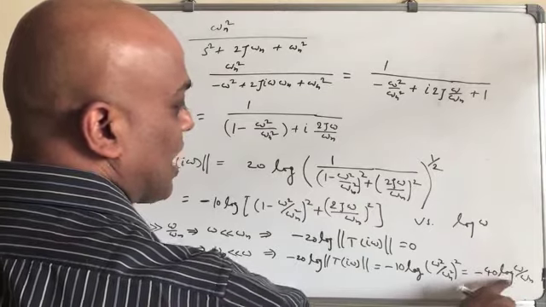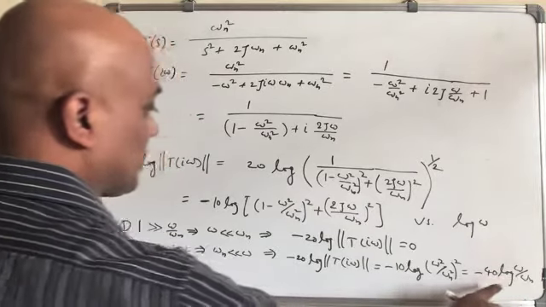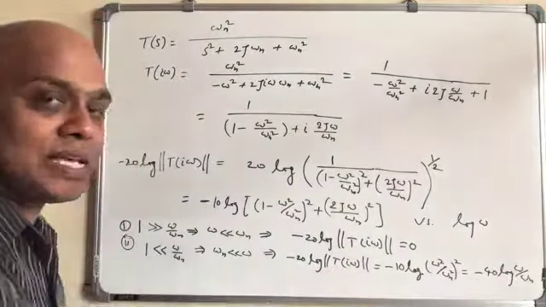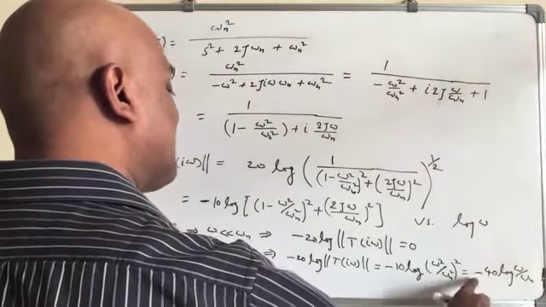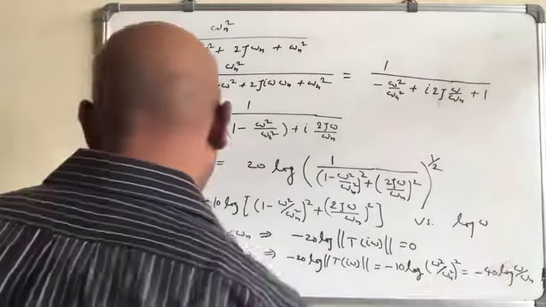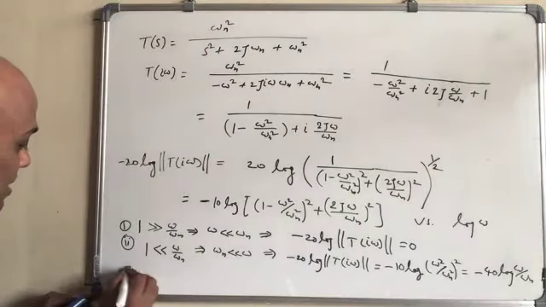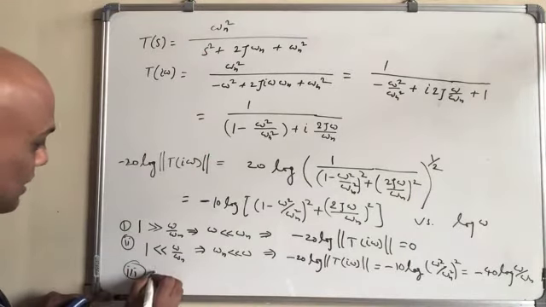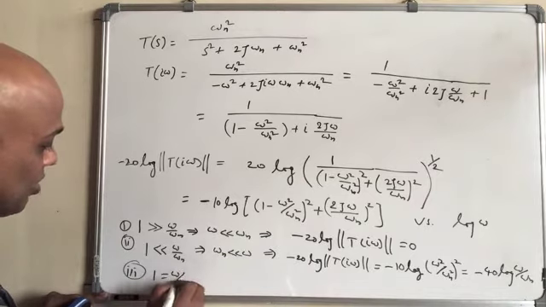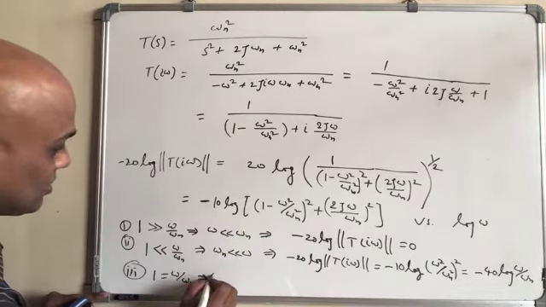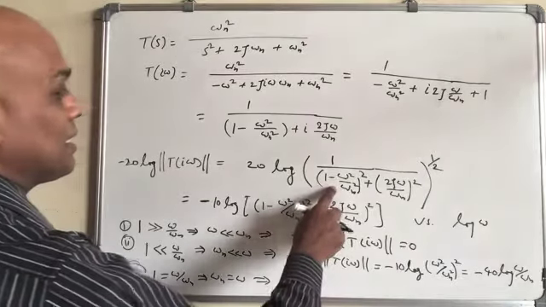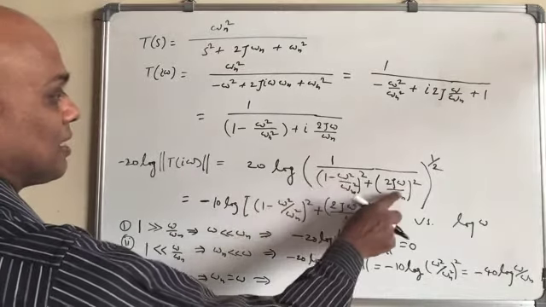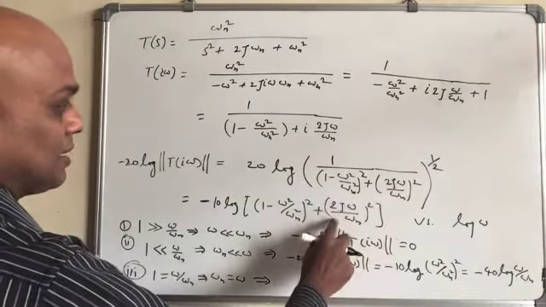So what it tells you is that this is sort of a line basically. As in the previous case we got minus 20 log omega, here we are getting minus 40 log omega over omega n. Number 3, when 1 is equal to omega over omega n, that really means omega n equals omega. In that case this will cancel out, and what you have is just this one.